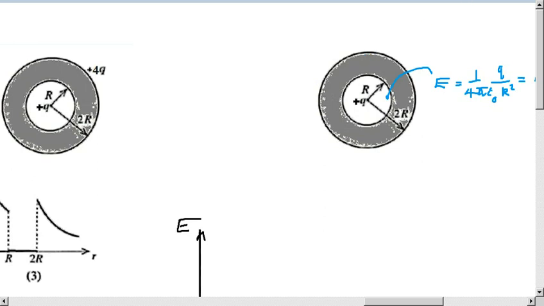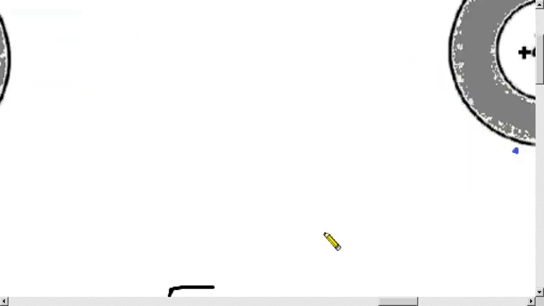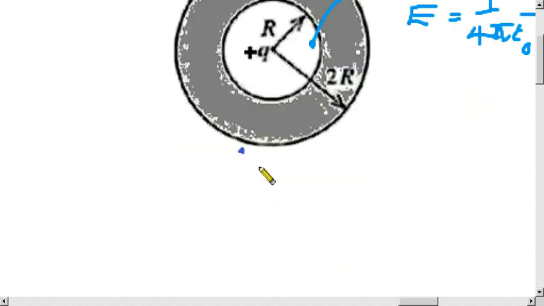After that, we try to find the field intensity outside of the outer surface, but very close to it. So here E is 1 over 4 pi epsilon naught.